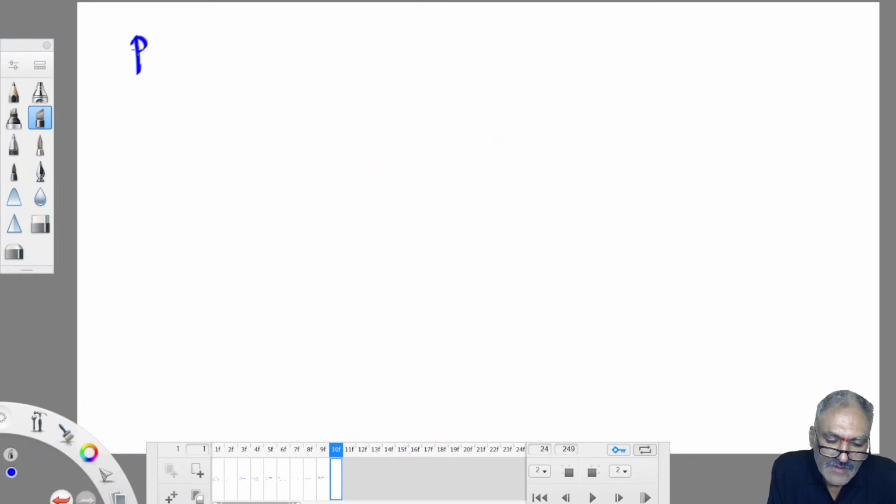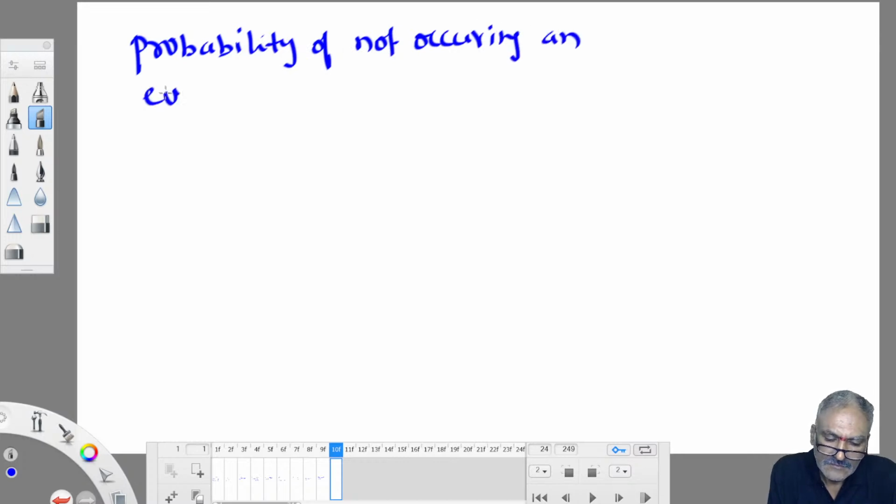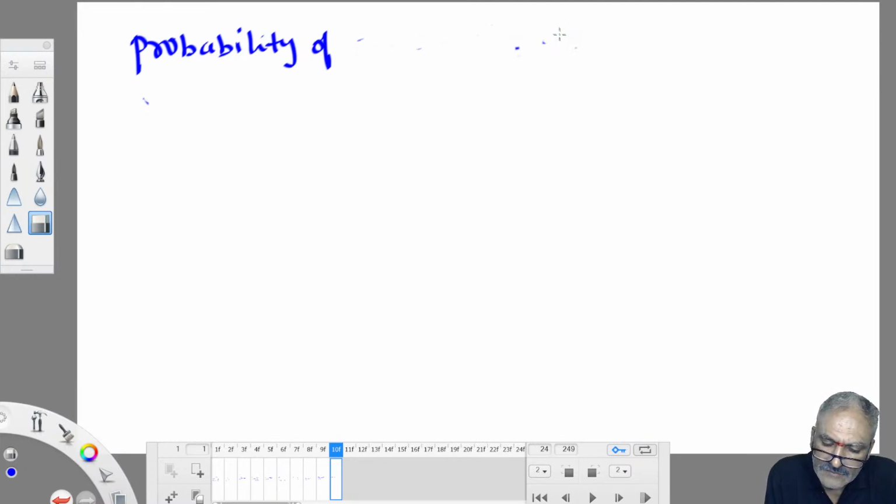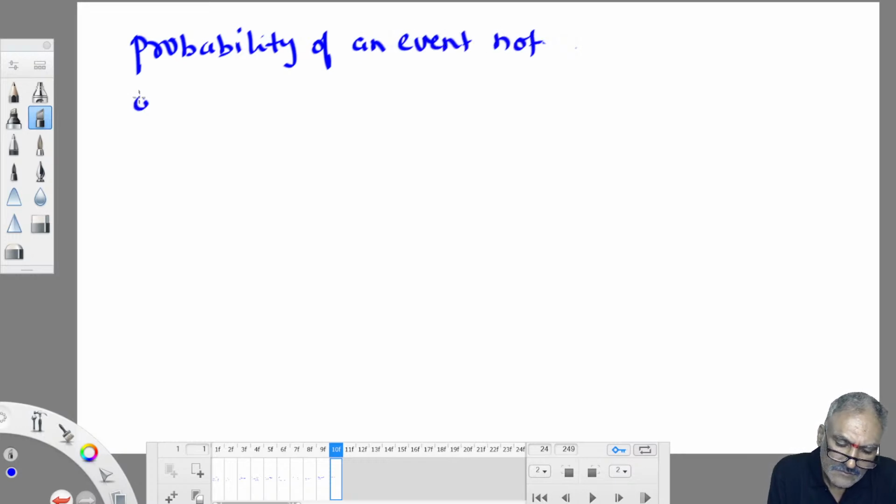So the probability of an event not occurring at all in n successive years.